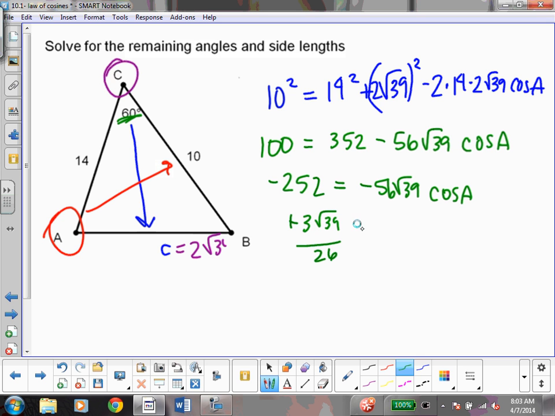Oops, positive. And then equals the cosine of A. And then I have to use my calculator. Since it's positive, I know my angles will either be in the first or the fourth quadrant.